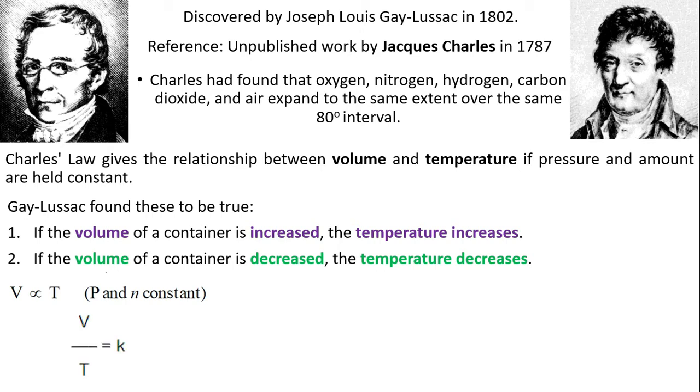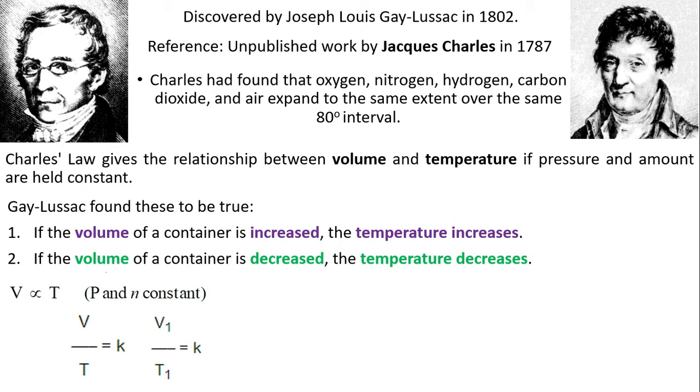With this, we can say that volume over temperature is equal to K, where K is a constant. Let's try to derive Charles' law. In an experiment, when the volume or temperature change, we will have the initial, so V1 over T1 is equal to K, a constant.